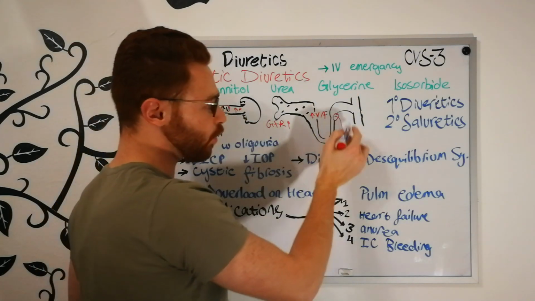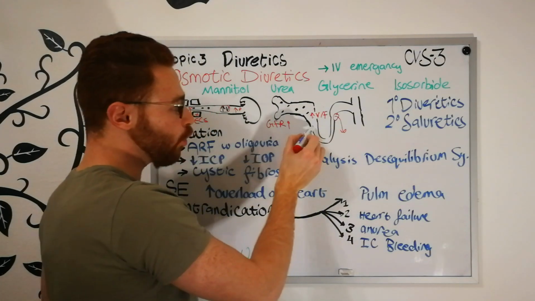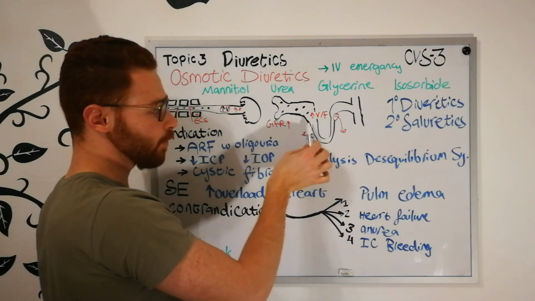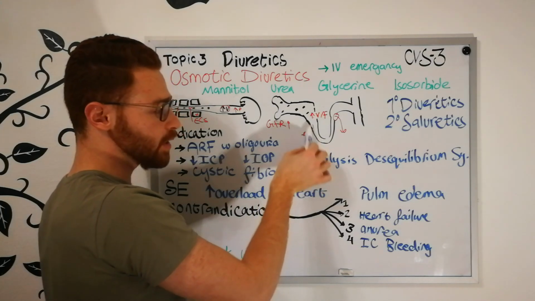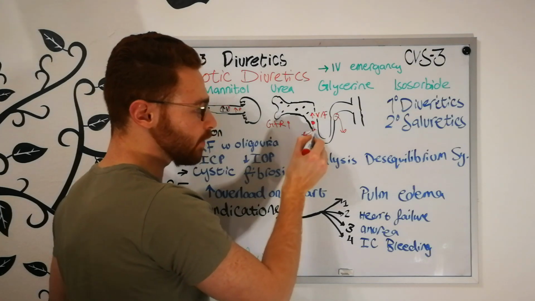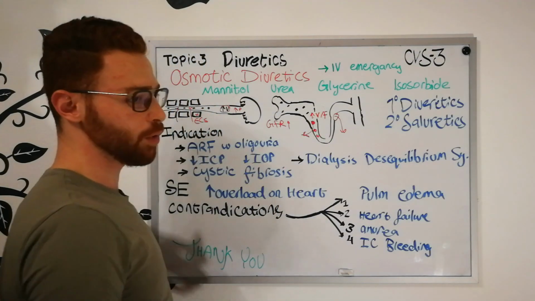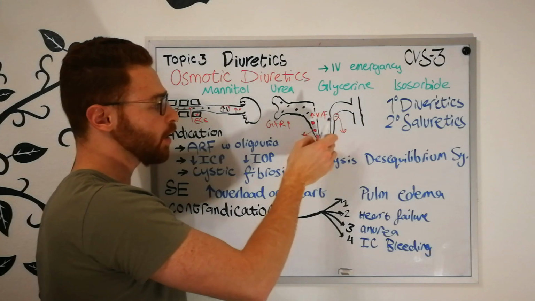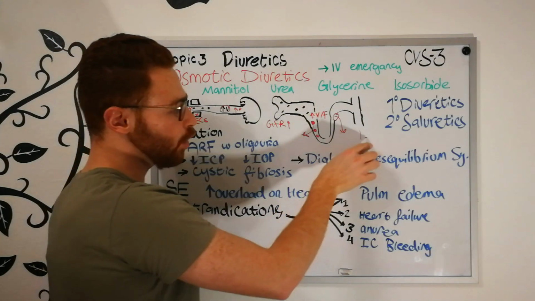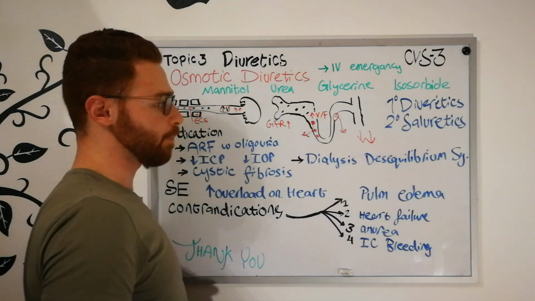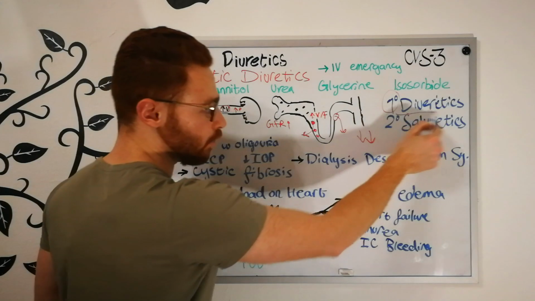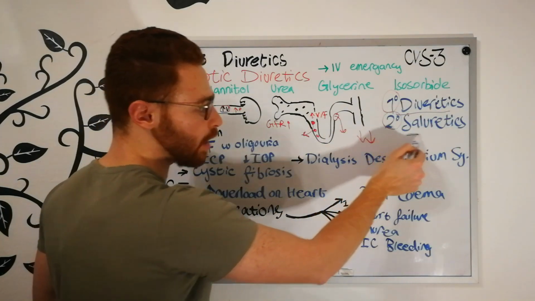So there is no time for the reabsorption, and the water is not going to be reabsorbed passively from the descending loop of Henle, because we have more osmotically active substances inside the loop of Henle, right? So it is going to keep the water with it inside the nephron, and then we're going to have excessive urination. So due to that, it is primarily diuretic and then secondarily saluretic.